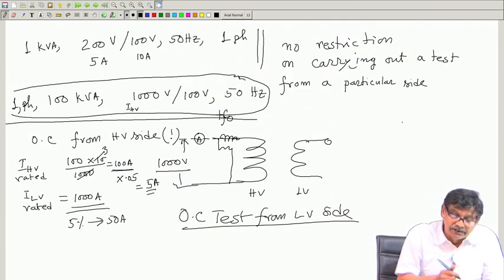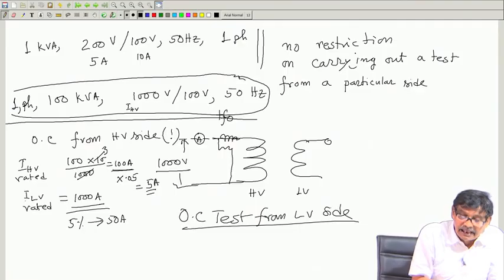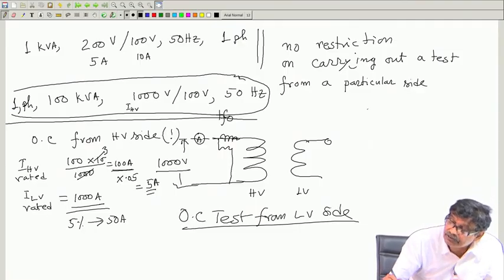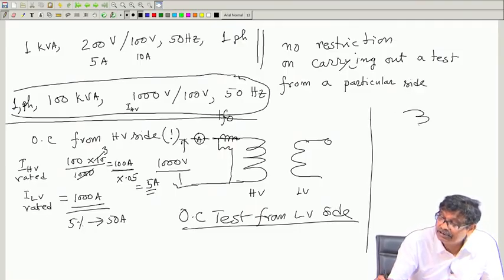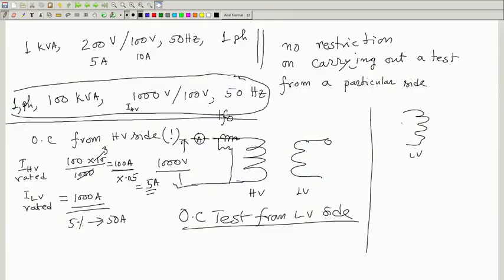If you want to carry out the short circuit test from the LV side, what are the things you require? What are the meters you require? On the LV side, you require an ammeter, a wattmeter and a voltmeter. From the LV side, how much voltage will you need? What is the LV side rating? 100 volt, very little voltage is needed, that is not a big issue.